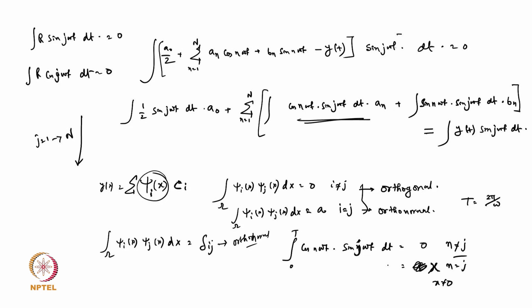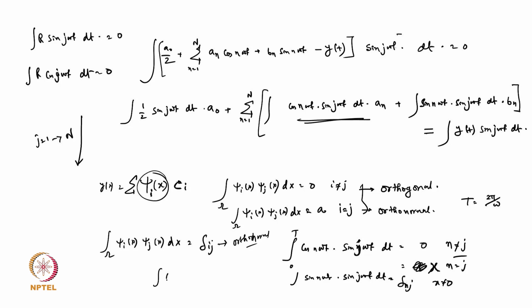So now, do you want me to prove that cos n omega t into sin j omega t is always equal to 0? And that is not only for cos and sin. Even if you do sin n omega t into sin j omega t dt, that will also be Dirac delta nj.